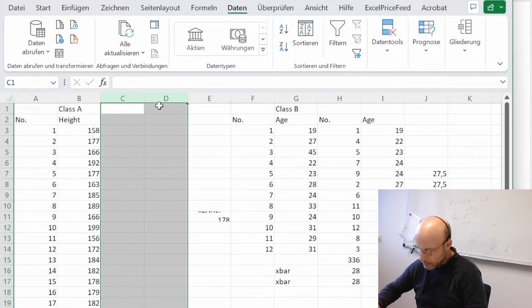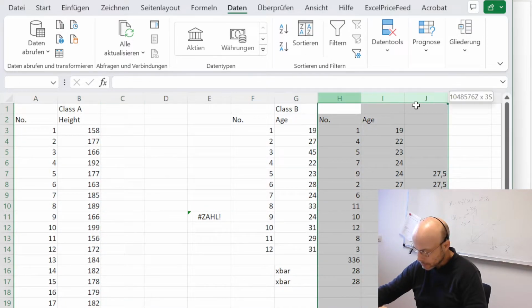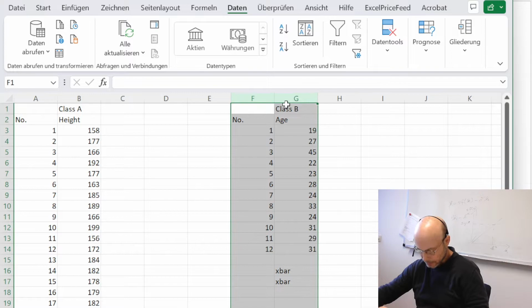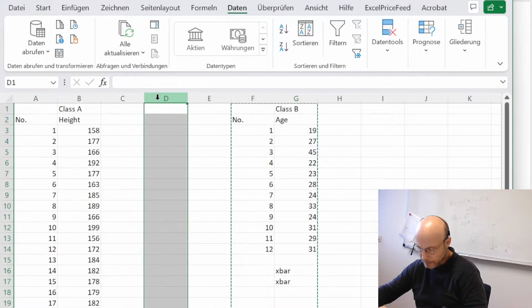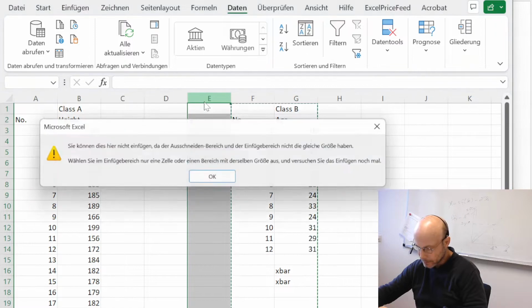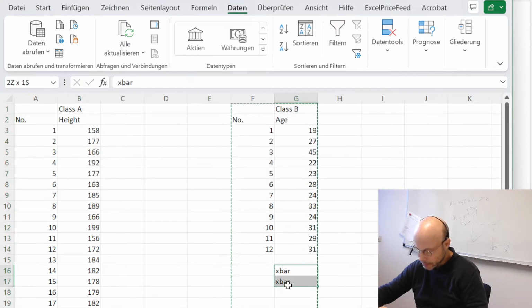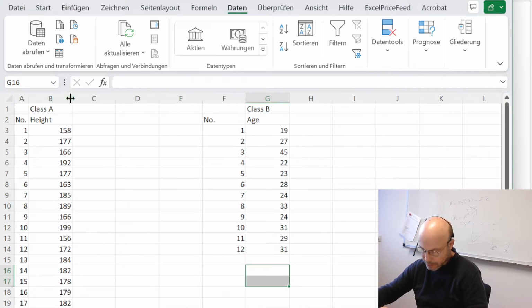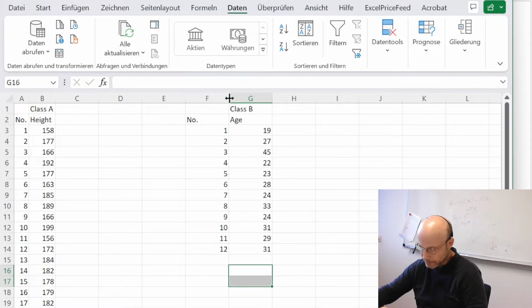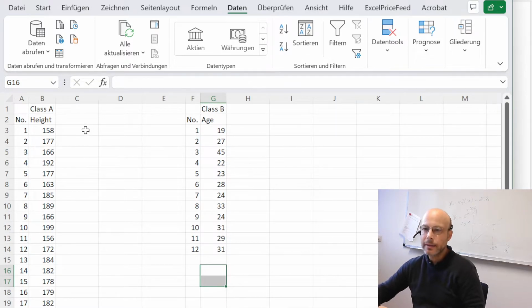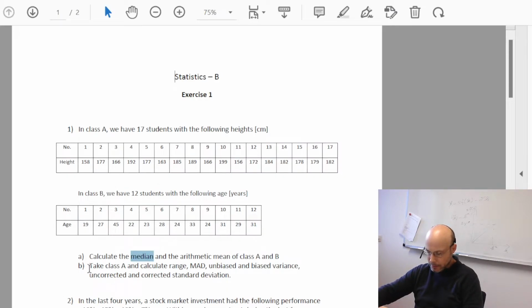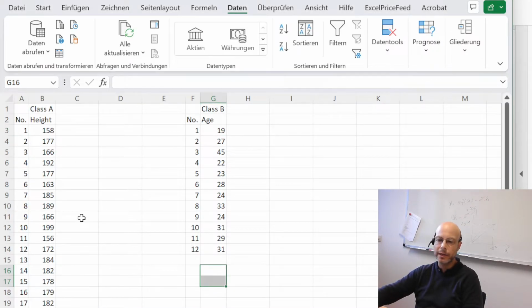This we don't need, and this also not. Let's take it like this. Smaller maybe. So, first was, I think, range, and yeah, then we start with the range.